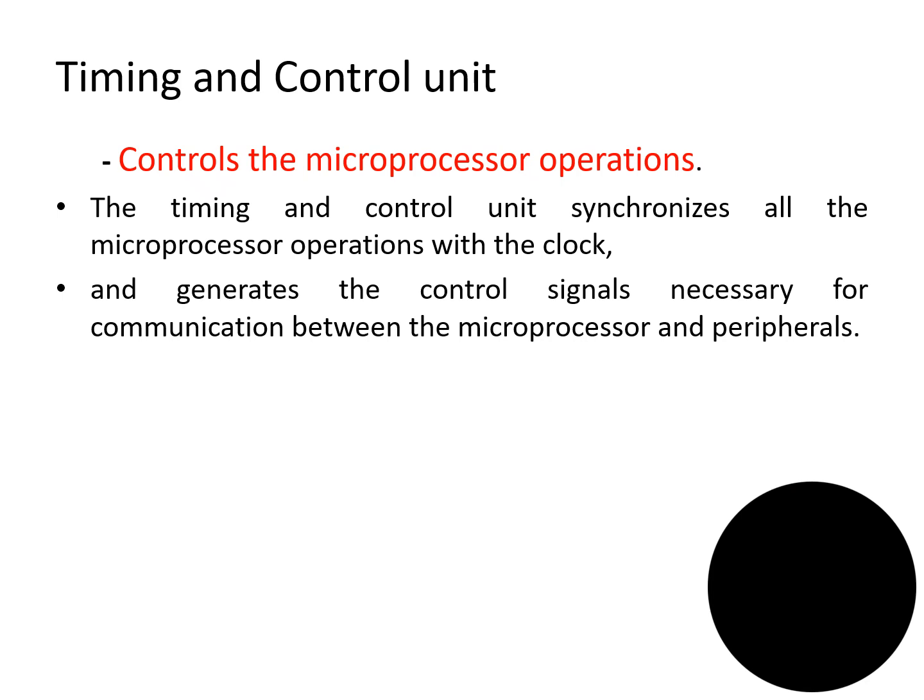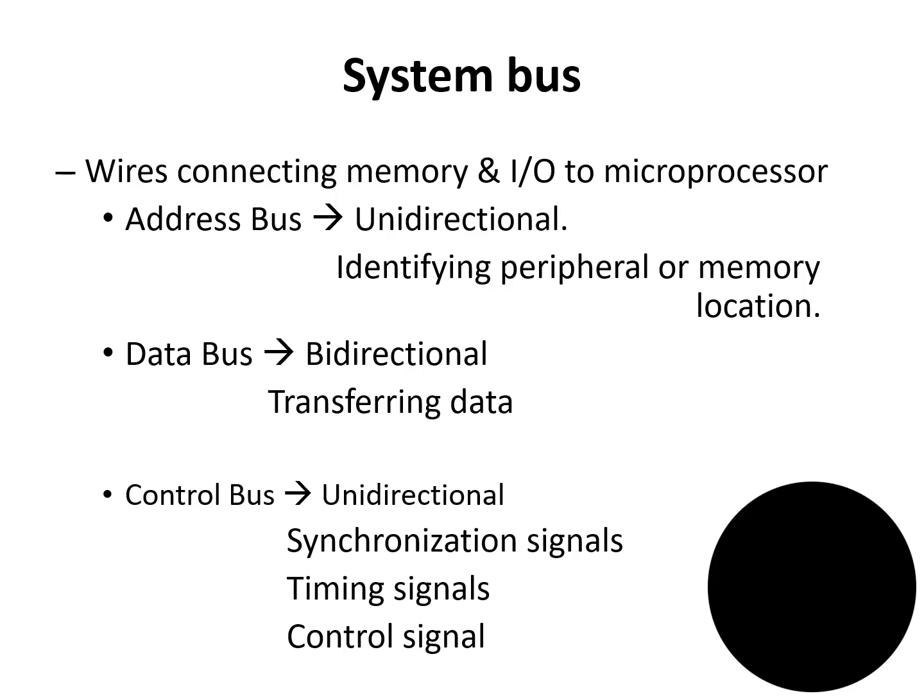Likewise, we have a set of control signals used in a microprocessor. As already explained, there are the address bus, data bus and control bus, and one more important thing is their direction. The address bus is unidirectional, and it identifies the peripheral or the memory location. A peripheral is an external device, like a connected USB device.